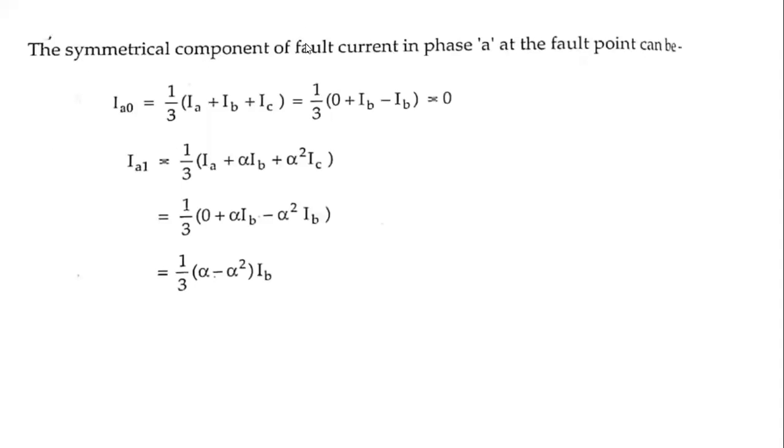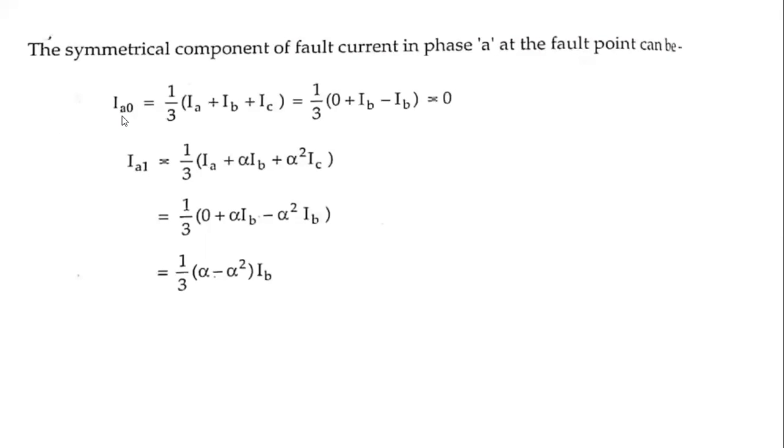Next, the symmetrical components of fault current in phase A at the fault point. The zero sequence current at phase A, IA0, is equal to 1 by 3 into IA plus IB plus IC.